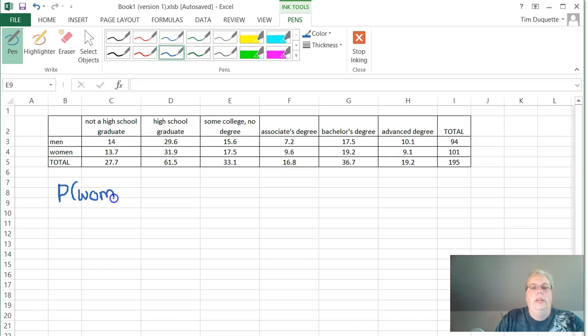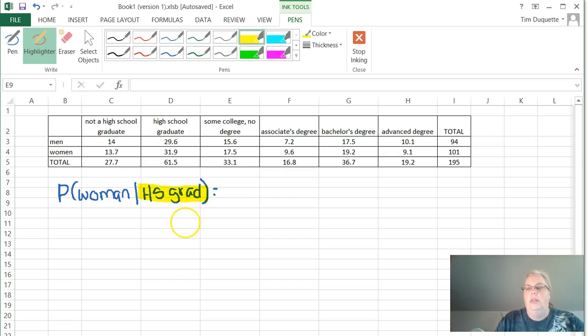Okay, that's not going to change. Woman given high school graduate. This second way to work the problem is going to look at only the high school graduates. This is the sample space I want, and so that's going to be all of this stuff right here, and I'm going to ignore the entire rest of the table.